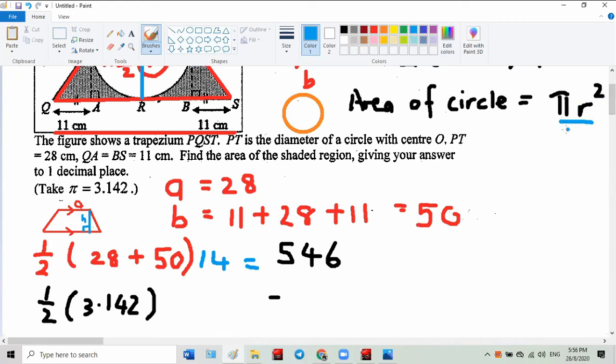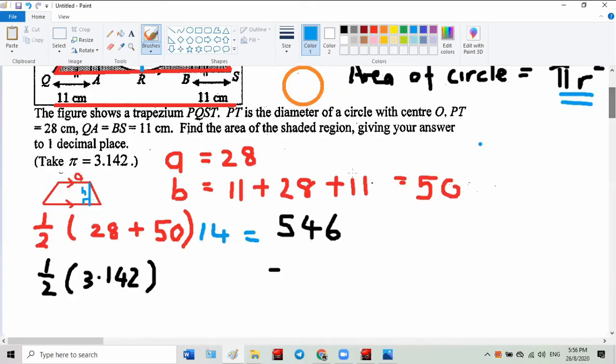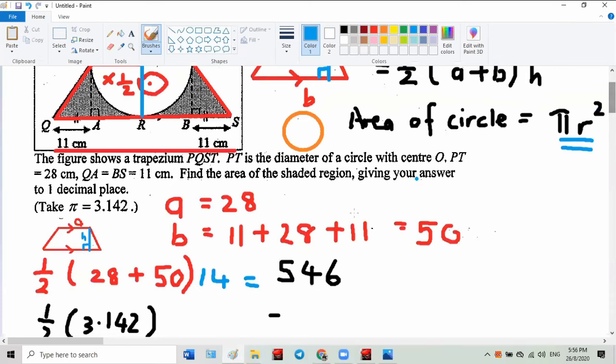This is the formula of a circle, but we only want half the circle because this shape is half the circle only. Get it? So what is the radius? Half of pi r squared. What's r, people? 14. 14 squared. You find what this is and give me this number.